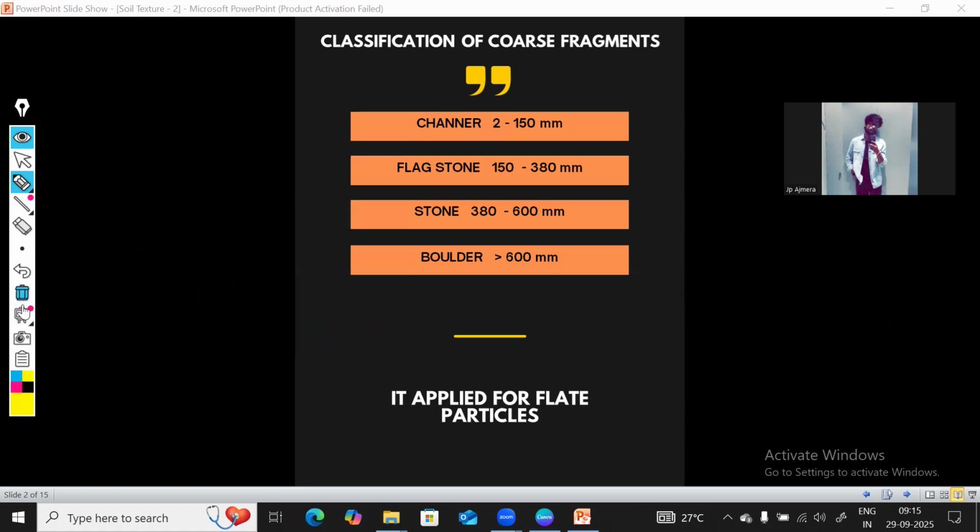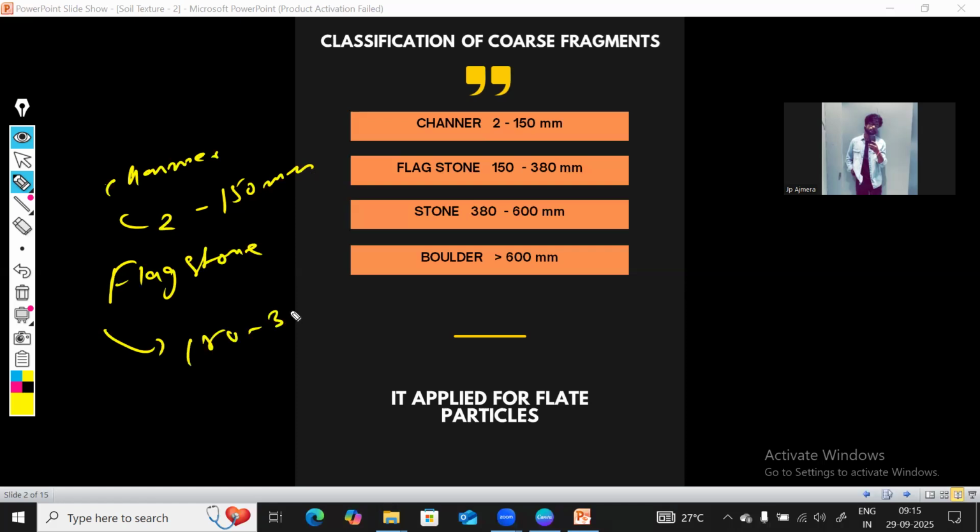So what did we study right now? The first one is channel. It holds the particle size of 2 mm to 150 mm. Then the next one is flagstone, which holds the size of 150 to 380 mm.